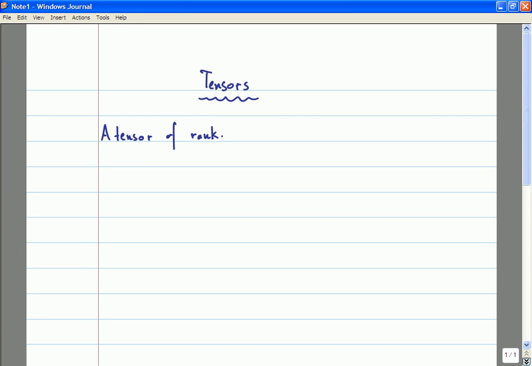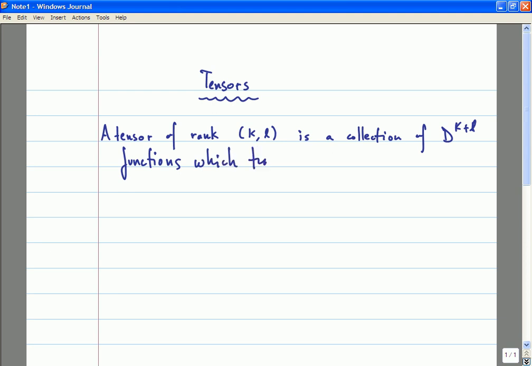A tensor of rank (k, L), where k and L are 0, 1, 2, 3, and so forth, is a collection of d to the k plus L functions, where d is the dimension of our manifold, the dimension of space-time, which transform under coordinate transformations in a particular way.